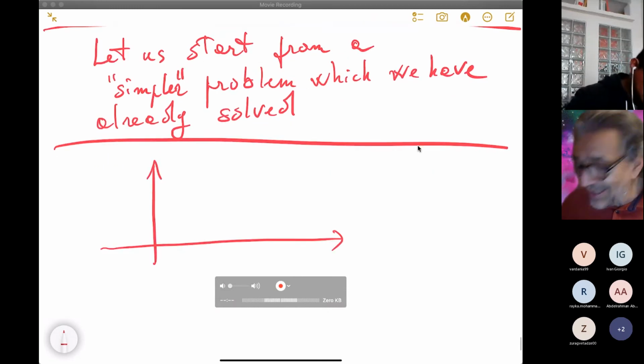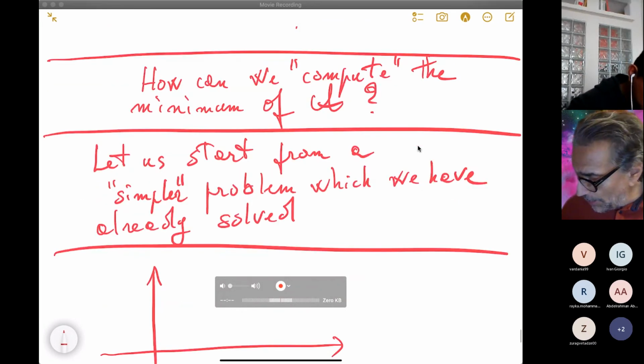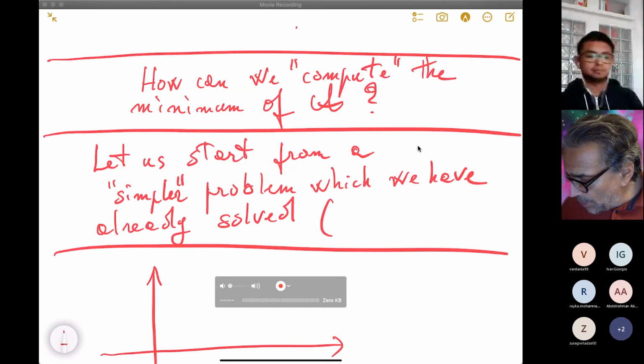We have a function instead of having a functional. So simpler problem means more particular.